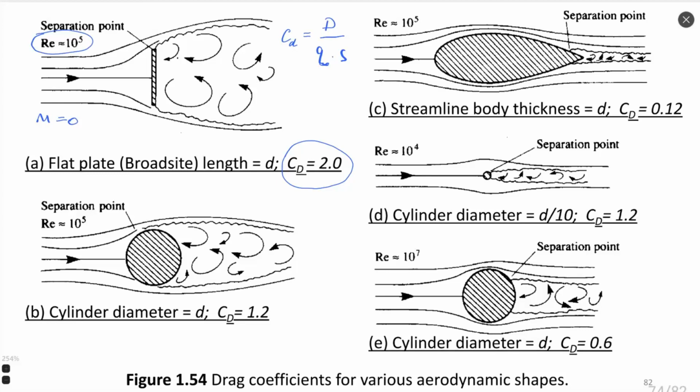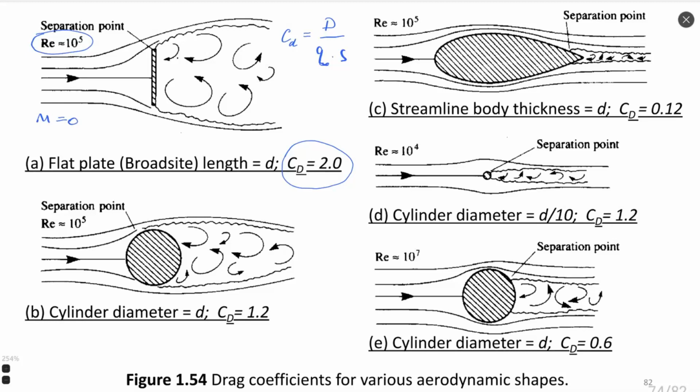This is done by a perpendicular flat plate that transforms all flow velocity into such a highly turbulent volume where all energy is dissipated and transformed to temperature. So CD equal 2, consider this as the top, is the highest possible value of drag coefficient.